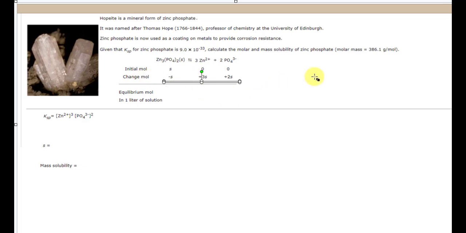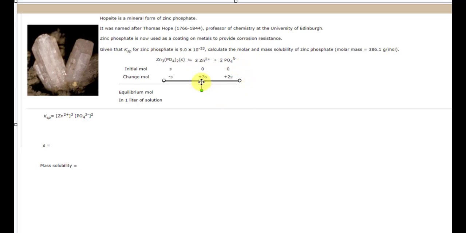So we've got our change in moles. We'll lose all this molar solubility, but we've got some important coefficients here. We will get 3 times that molar solubility for the zinc because of our stoichiometry, 1 to 3, and 2 times our molar solubility to get the phosphates. One of these zinc phosphates will produce 5 ions. That's a pretty significant thing.